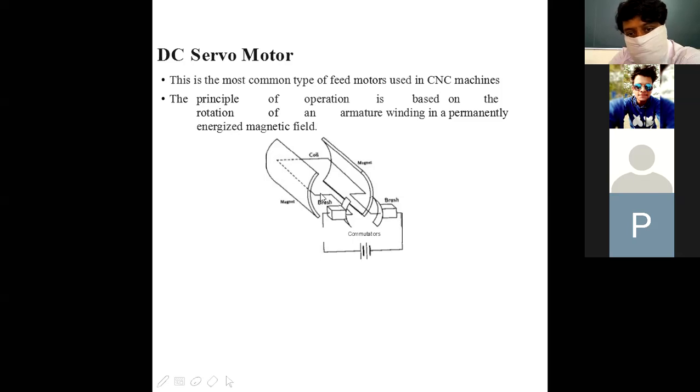The coil gets energized, and due to this electromagnetism is developed in this particular area, and that's why this magnet repels these coils. So what happens? We get a rotational motion. Rotational motion is observed when we complete this circuit.